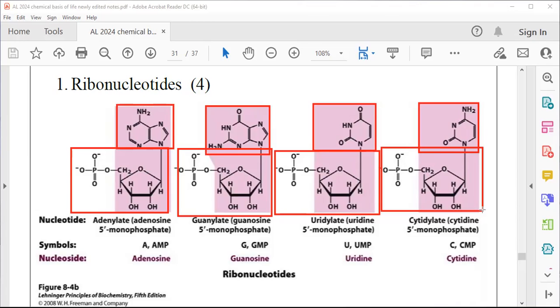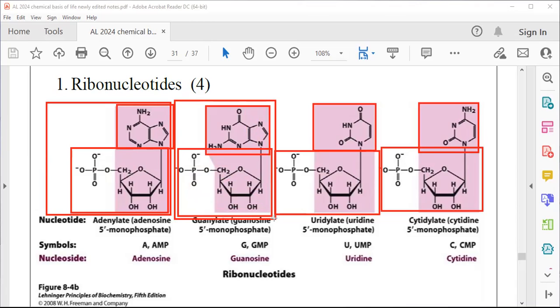One nucleotide and another nucleotide, this nucleotide and this nucleotide, they differ in which feature? By nitrogen bases.